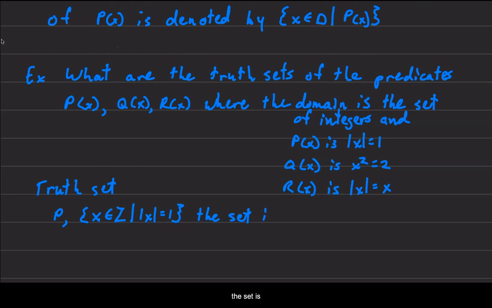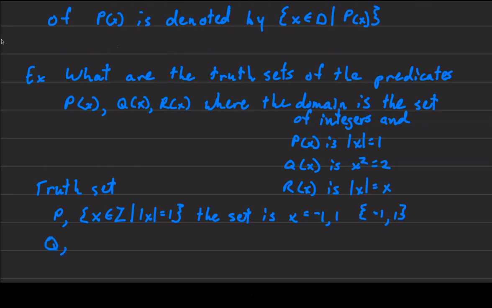The set is x equal to -1 and 1. So in set notation, {-1, 1}.